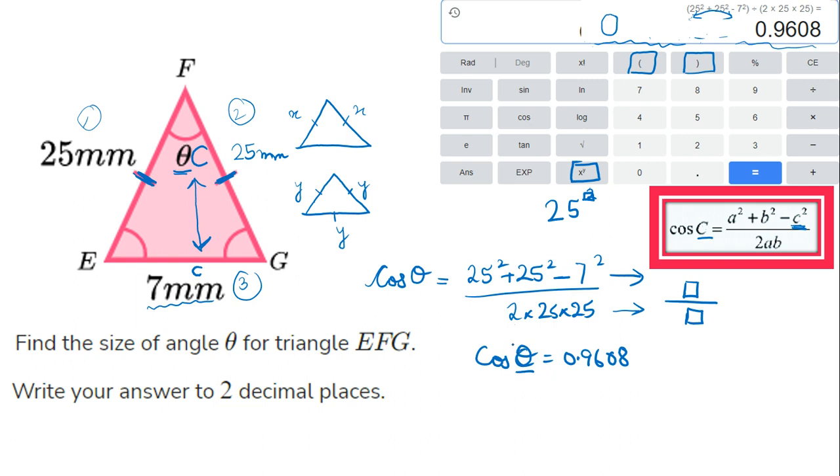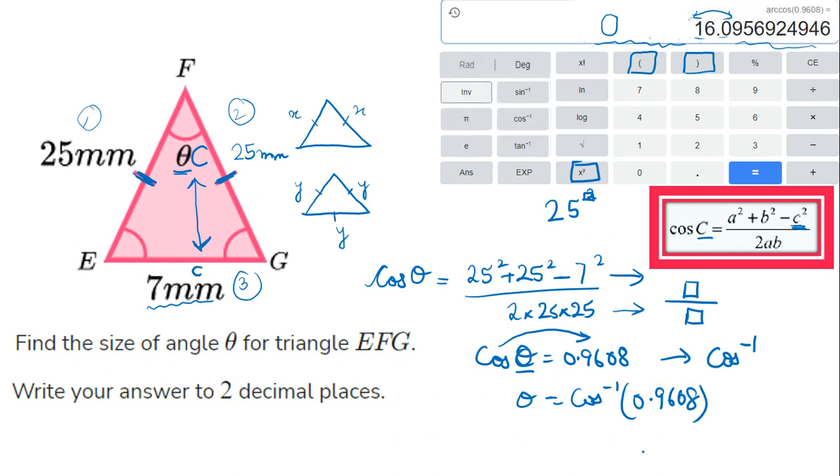For that, everything that's attached to theta goes to the other side. So when cos goes to the other side, it turns into cos minus 1, also known as cos inverse. So theta equals cos inverse of 0.9608. This is how you're going to do it.